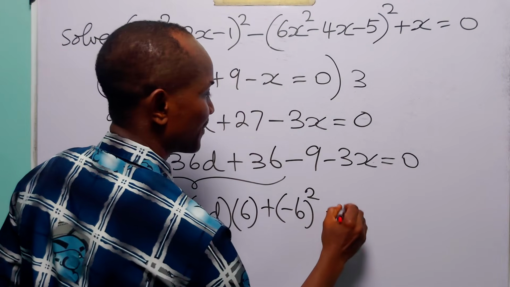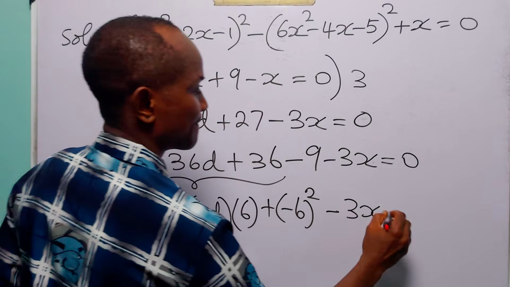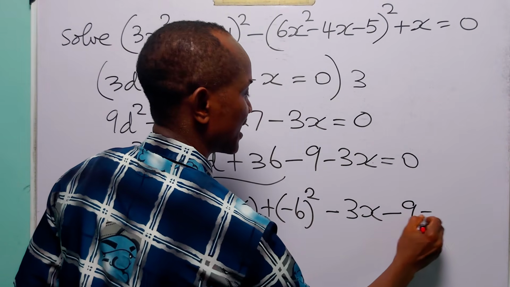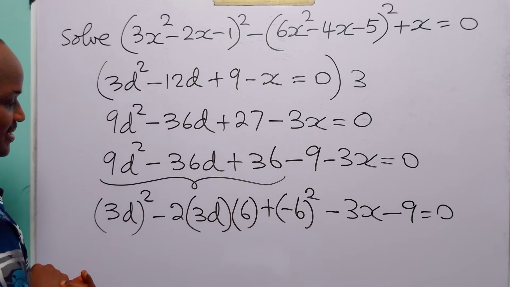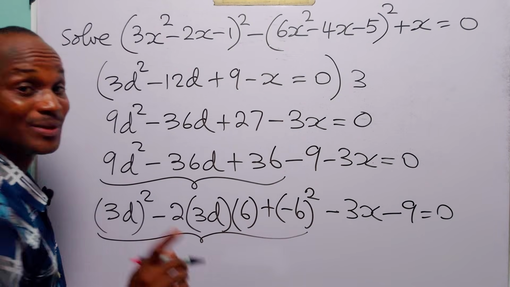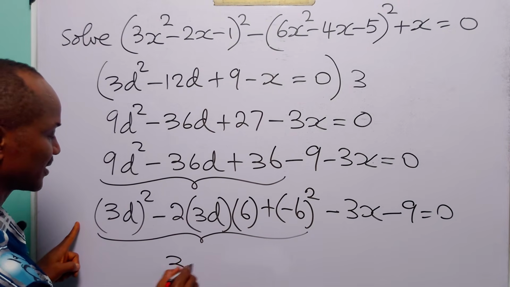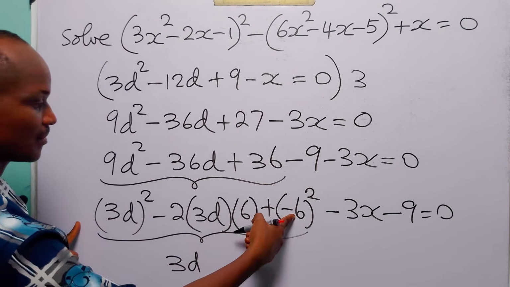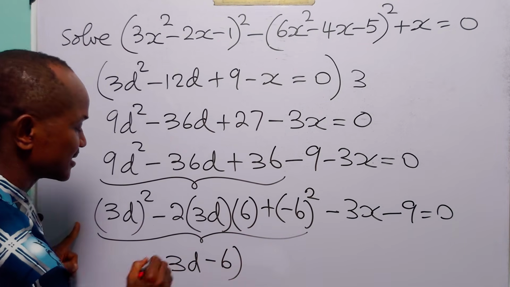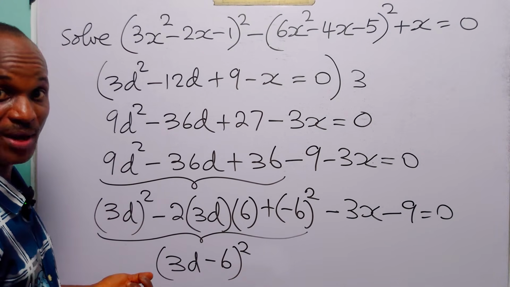Then we have minus 3x minus 9, and this is equal to 0. Now, of course, when you look at this, you will immediately notice that we can write this as 3d minus 6 squared, because this is a perfect square.